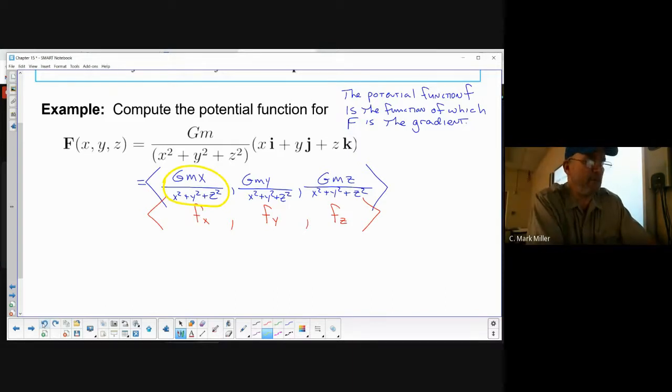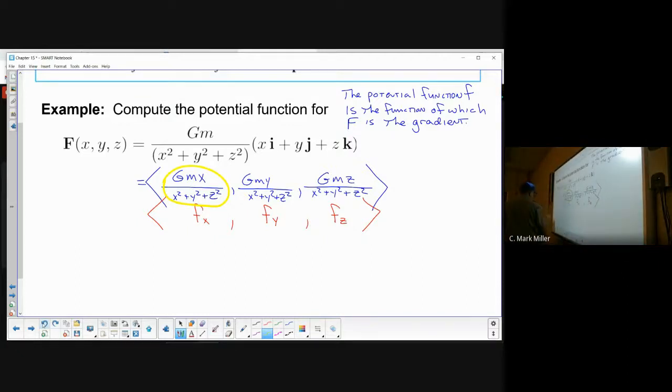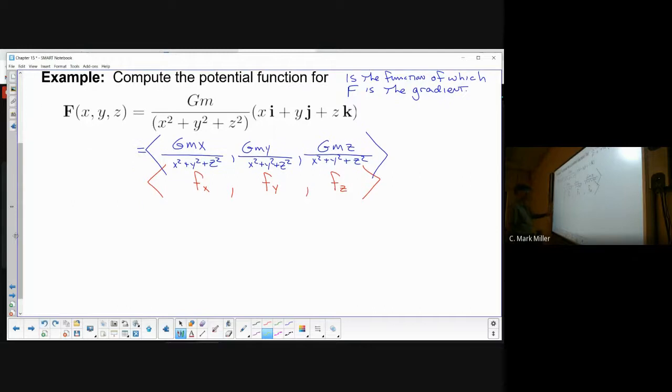Remember, with respect to x, y and z are constant, as are g and m. Well, I'll give you a hint. With respect to x, if I put a 2 there and a 1/2 here, the 2x is the derivative of the bottom.